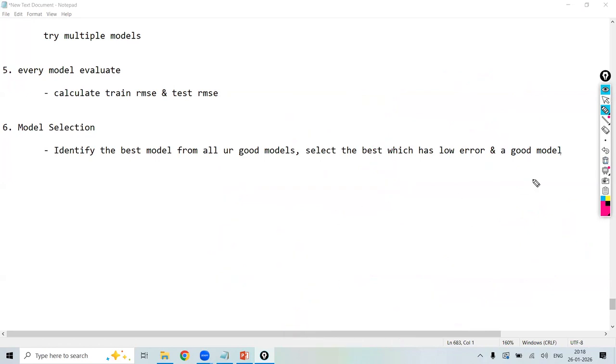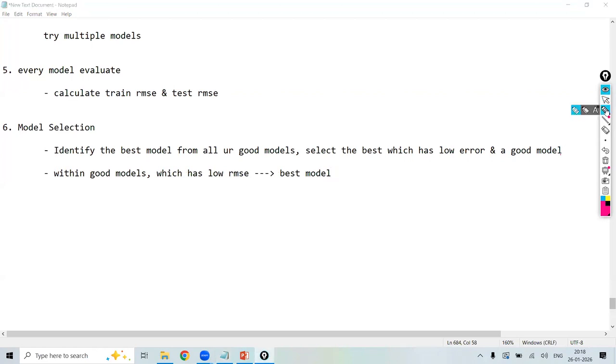Within the good models, the one which has low RMSE is called the best model. Within the good models only. Don't compare with the bad models. Bad models are simply thrown.